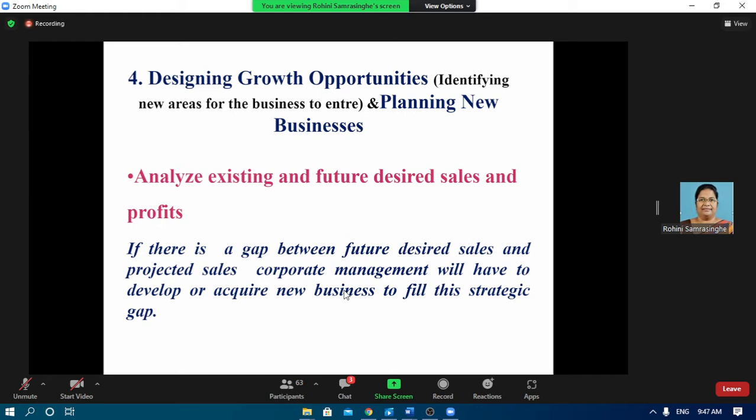So that gap is called the strategic planning gap. You can understand this, and we can even apply it to ourselves. As individuals, we are not satisfied with our current position or level. You are also not satisfied with your position. That's why you are engaged in MBA lectures, and you want to get the maximum qualification, MBA qualifications and so forth.